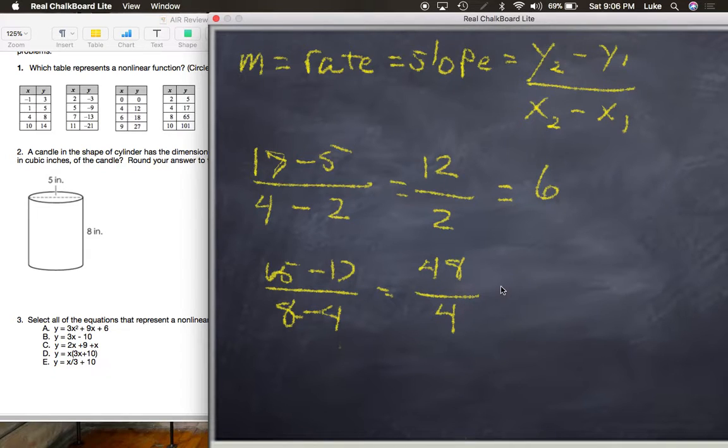Now, we can probably already tell this is not going to be 6. So 48 divided by 4, of course, is going to give us 12. And that is not the same, not constant.